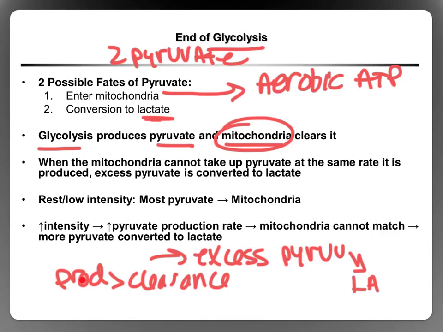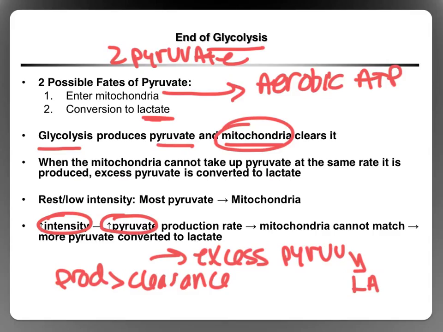So production is going to become greater than clearance, and when that occurs, we end up with some excess pyruvate, and that has no choice but to be converted into lactic acid. Okay? So the higher the intensity, the more glycolysis produces ATP, and the more pyruvate is produced in the process.